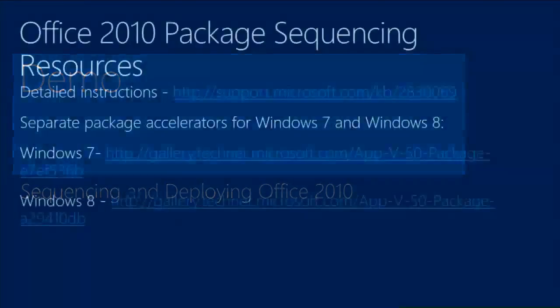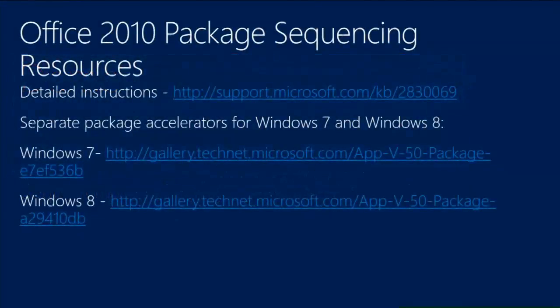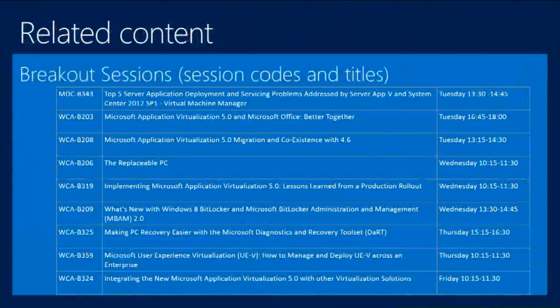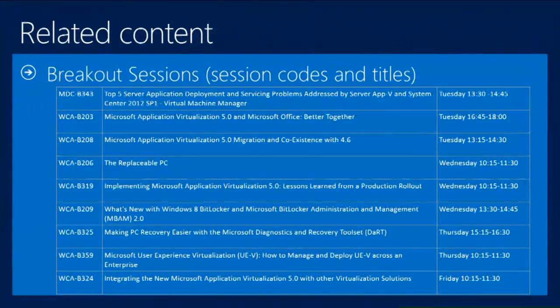All right. So here are the resources for Office 2010. You can go to find detailed instructions here at this link. You can go here to find the accelerators for those at those links. As I mentioned, that's the easiest way to do this. All right. We have a couple of other sessions. I hope some of you were able to attend early on.